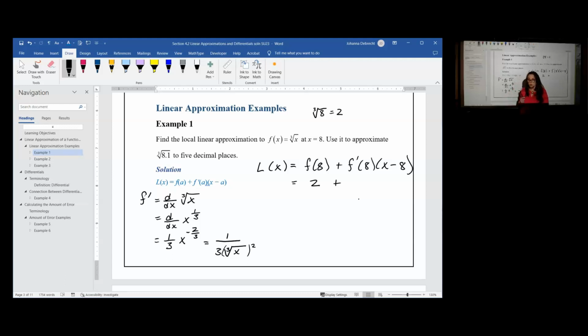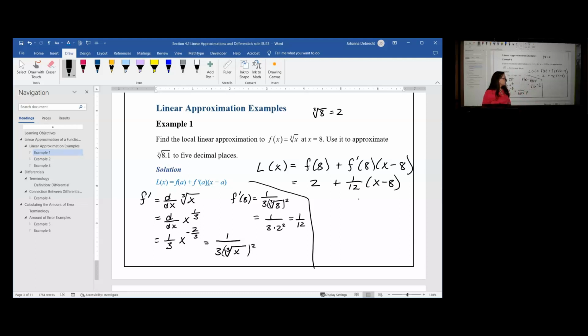Let's now compute what the derivative is when x equals 8. This means that f prime of 8 is 1/3 times the cube root of 8, which I know is 2, squared. This becomes 1/3 times 2 squared, which gives me 1/12.